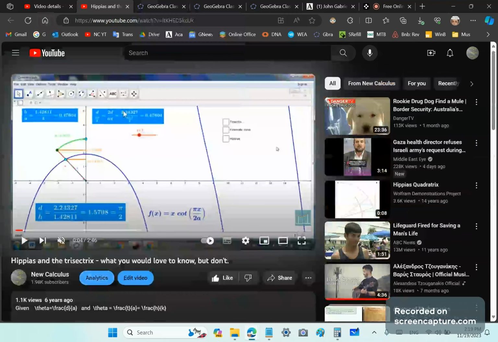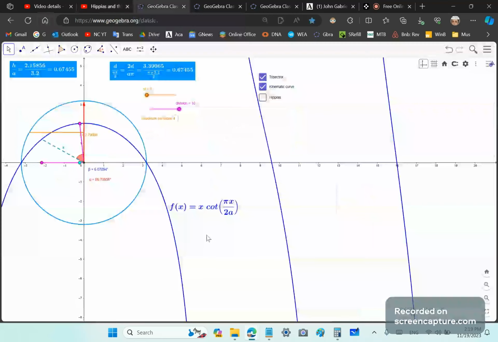So before we continue, let's see how Hippias did this. For example, let's say we want 4 partitions. We can watch this red line here. We can divide this angle into 4 parts: 1, 2, 3, 4.